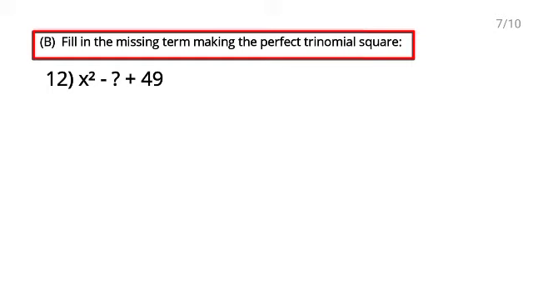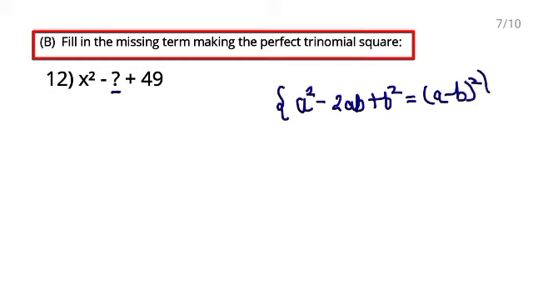Now question number B, fill in the missing terms making the perfect trinomial square. It means the missing term should be according to the perfect trinomial square identity. And what is it? This is of minus, so we will use the identity of minus: a square minus 2ab plus b square is equal to a minus b whole square, right?